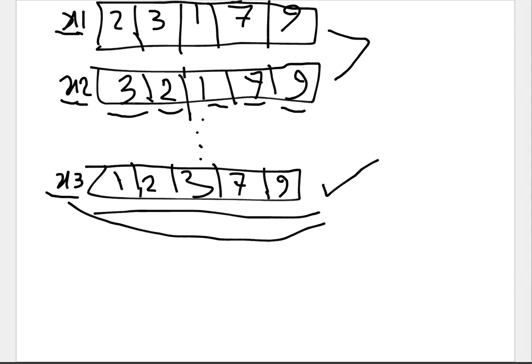Yes, as some students say, x1 is better because this gene is the same and these two genes are in order, but in x2, 3 and 2 are not in order.